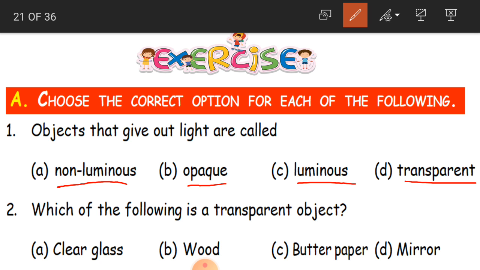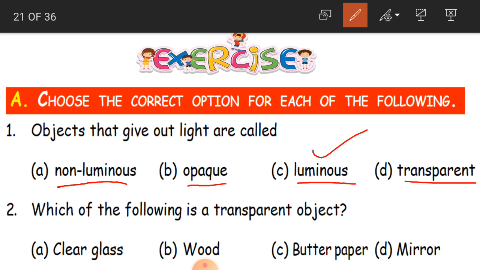Like we have learnt, a bulb, a torch, the sun, all these objects which give out light, what do we call them? We call them luminous materials, or luminous objects.